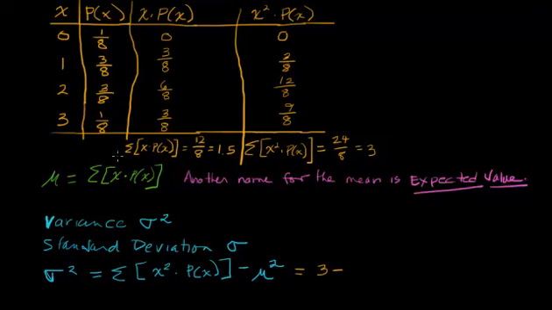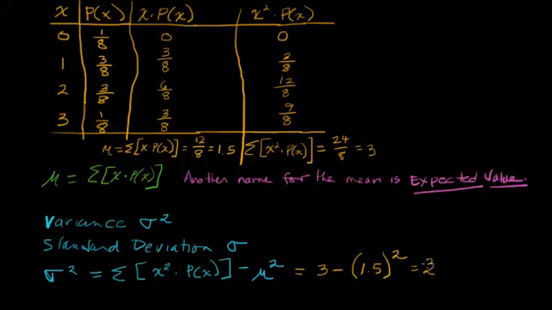Well, I found mu already. Recall that was right here. This was my mu, where we worked that out. So minus 1.5 squared. So that's 3 minus 2.25.